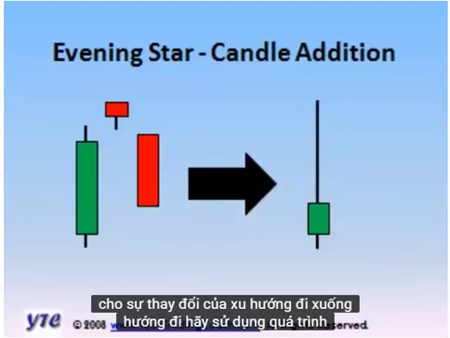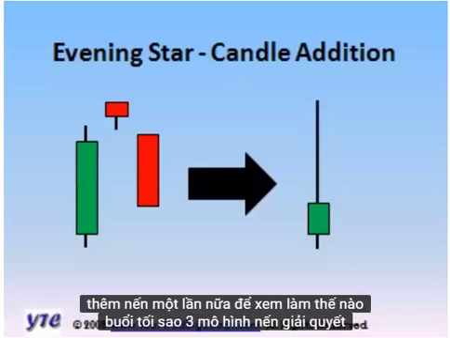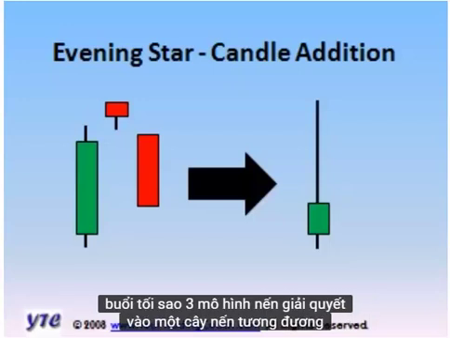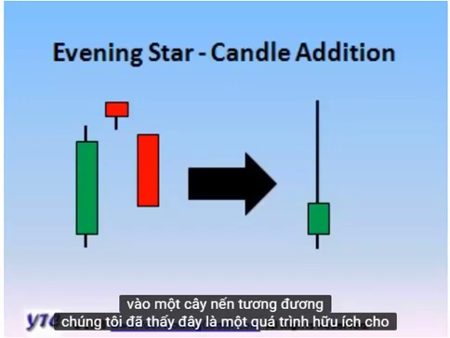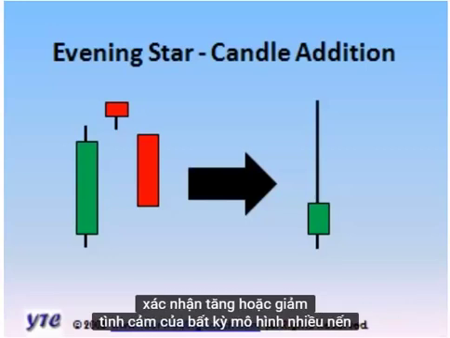Let's use the process of candle addition again to see how an evening star 3-candle pattern resolves into one single equivalent candle. As we've seen, this is a useful process for confirming the bullish or bearish sentiment of any multiple candle pattern.